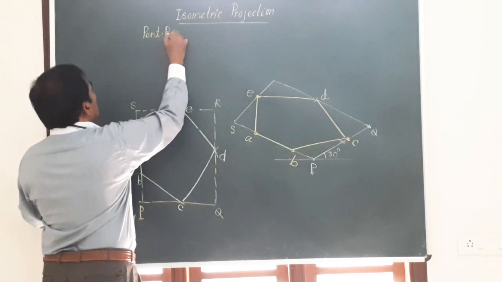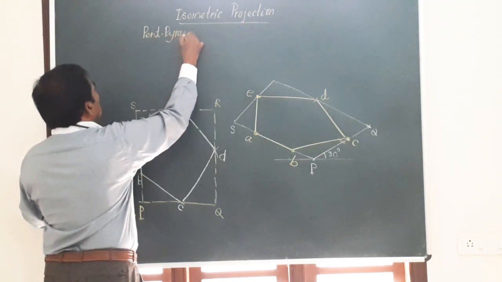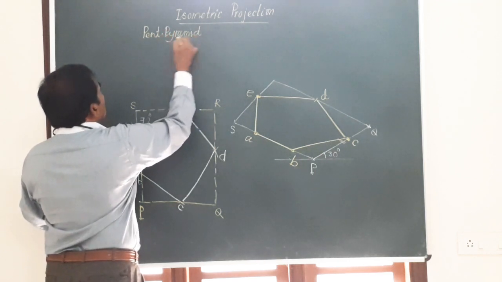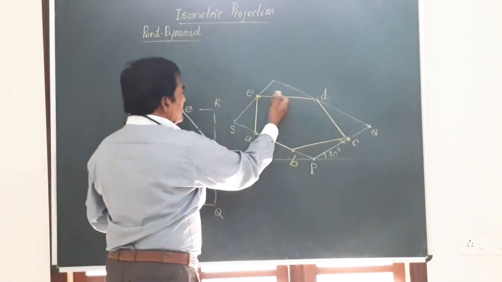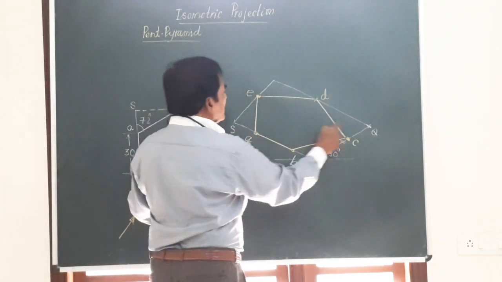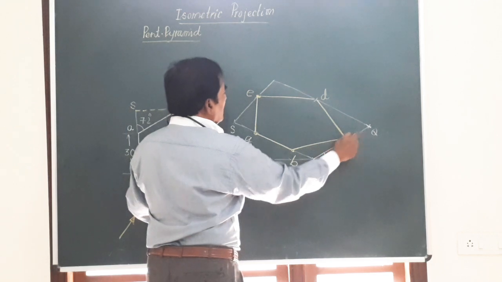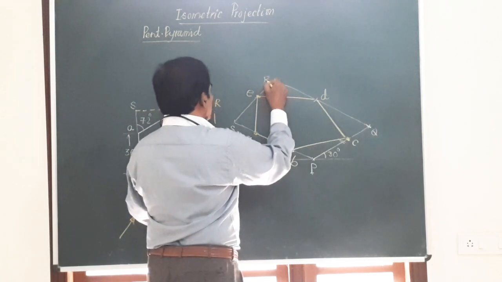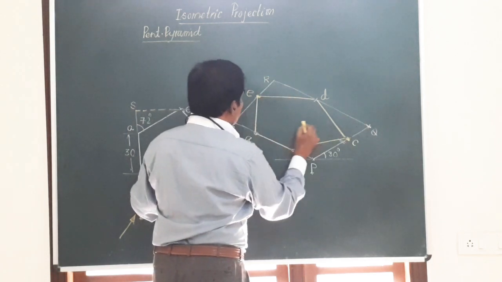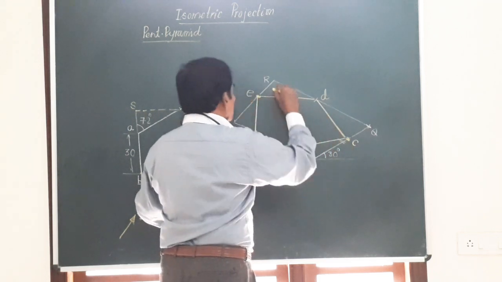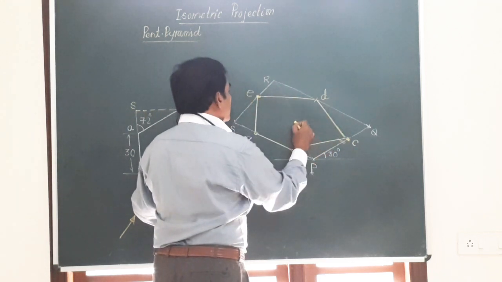For the pentagonal pyramid, the base we have constructed, locate the center of this box PQRS. By joining these diagonals, you can locate the center of that.